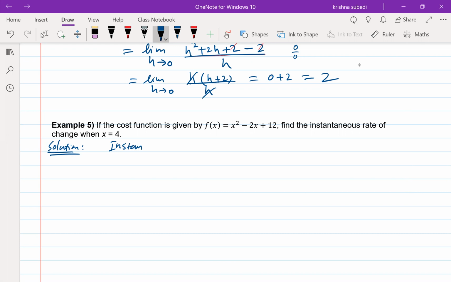The instantaneous rate of change is sometimes denoted by f prime of x, which is the limit as h tends to 0 of f of x plus h minus f of x over h.